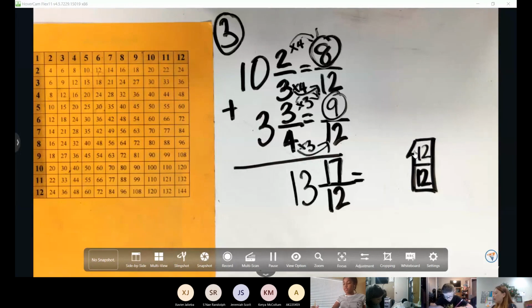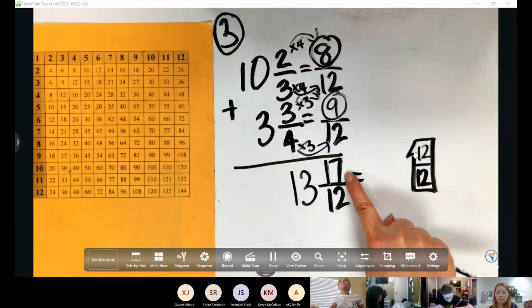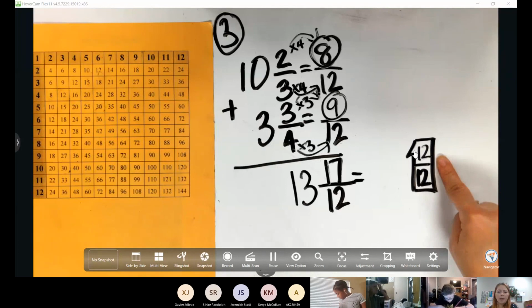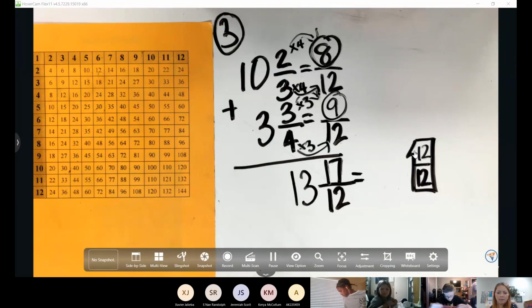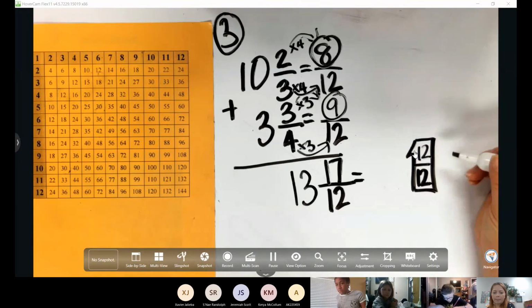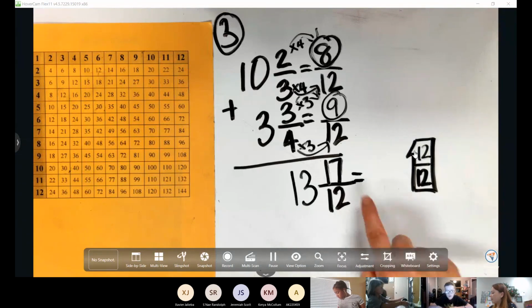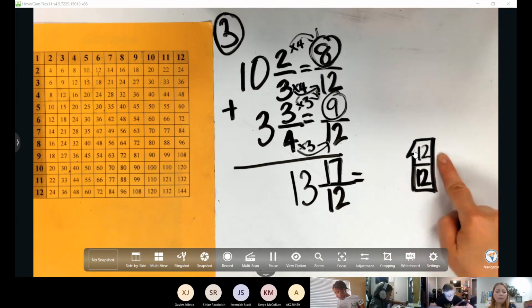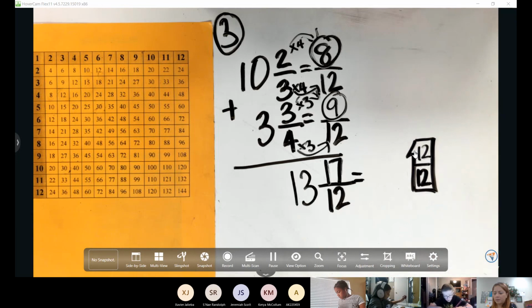So imagine you had 17 marbles to begin with, and you gave 12 of them away. How many do you have left?